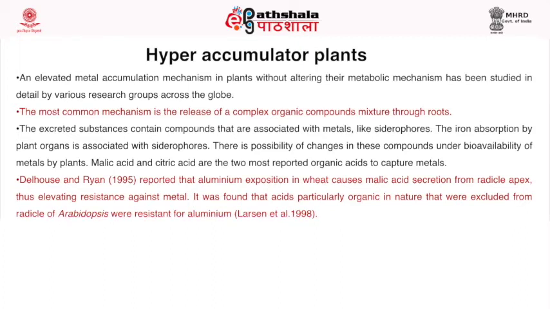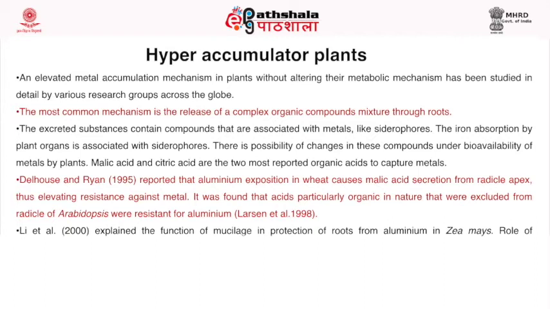It was found by Larsen et al. in 1998 that acids, particularly organic in nature, that were excluded from the root of Arabidopsis were resistant for aluminium.